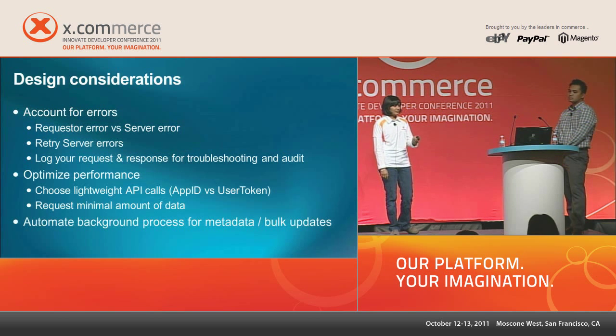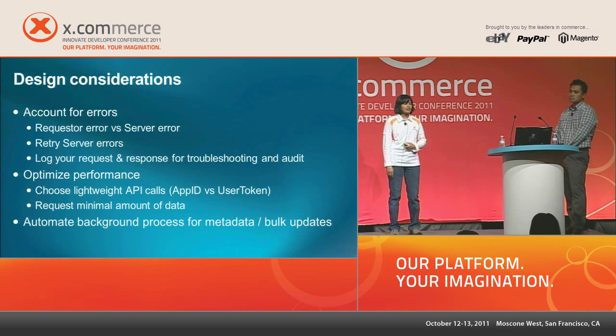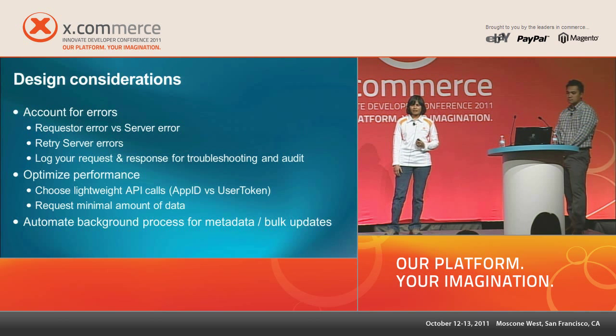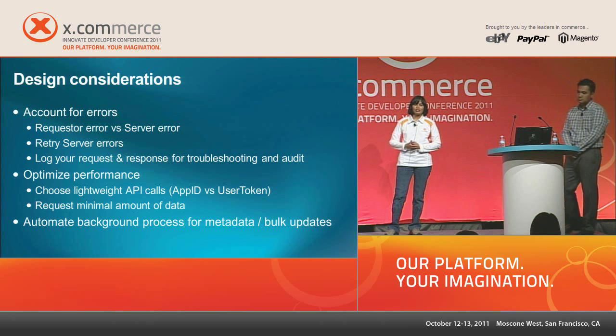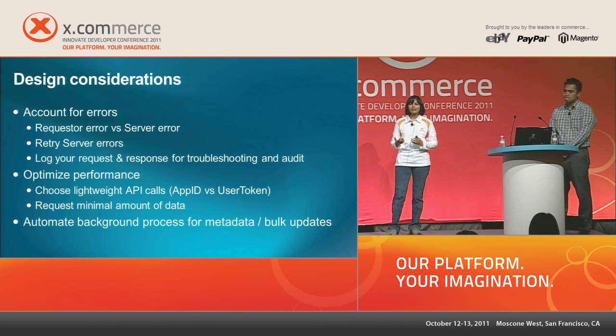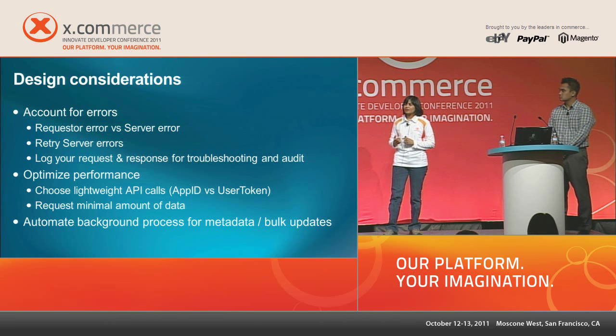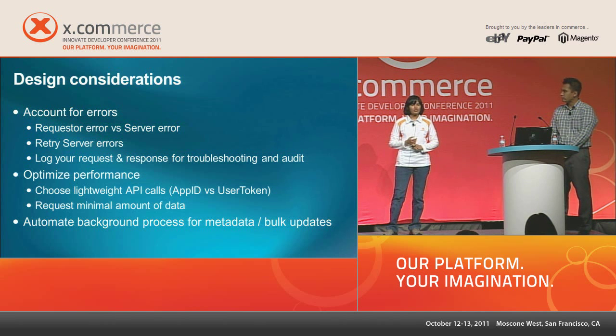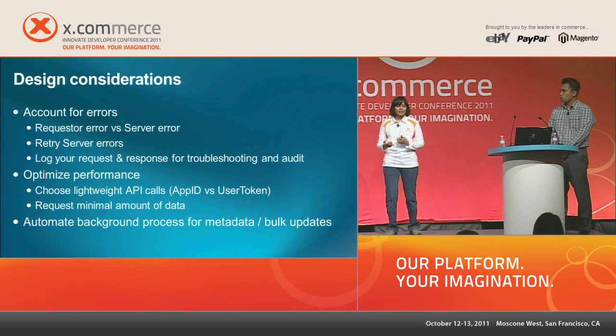And then the last thing that I wanted to talk about was creating background processes. This is again for people who are going to create applications for inventory and order management, where the operations can be very intensive. To be able to list an item on eBay, you need to know several things, like the eBay category structure. eBay has close to 30,000 categories, so downloading the categories can be an intensive operation.